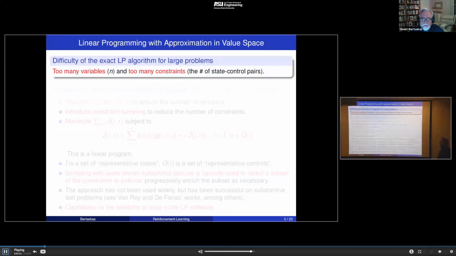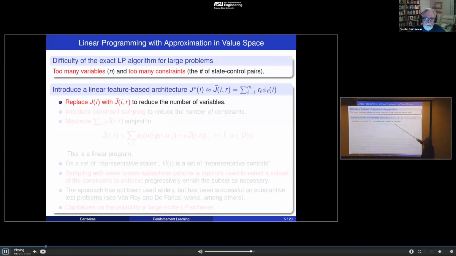So let's consider parametric approximation in value space. This is the difficulty we just mentioned, too many variables and too many constraints. Introduce a linear, that's important, a linear feature-based architecture, okay? We introduce M features with corresponding M weights. And now we're going to try to find the weights by linear programming.